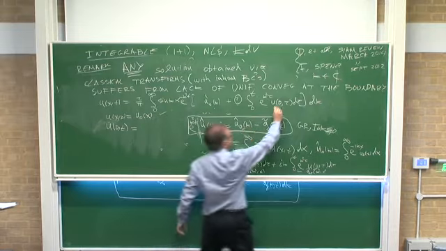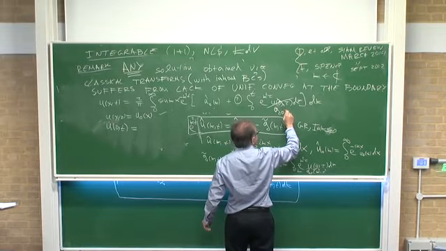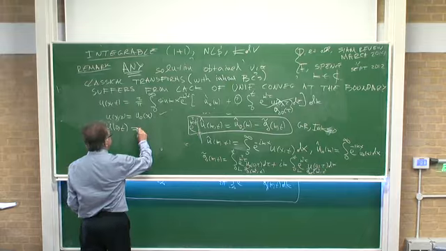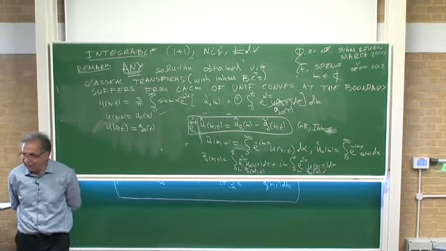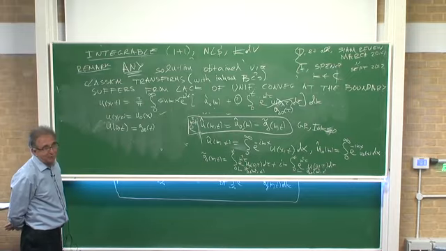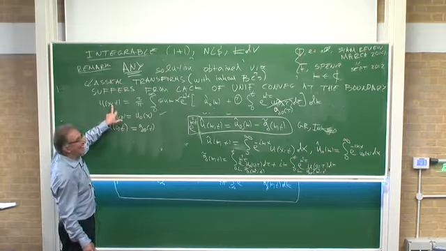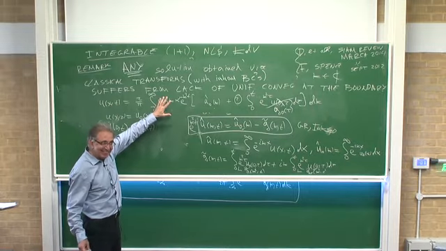Perfect. But then I have also to prove this. But of course, you see the problem. Because if I put here x equals 0 naively, this vanishes.